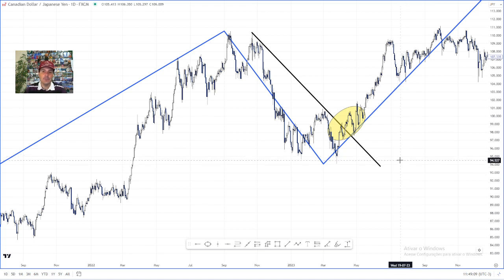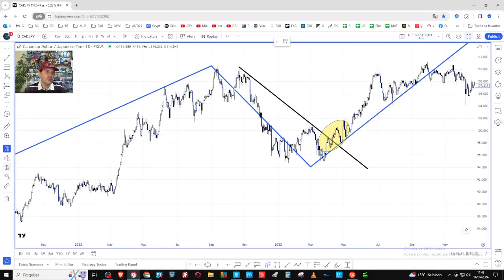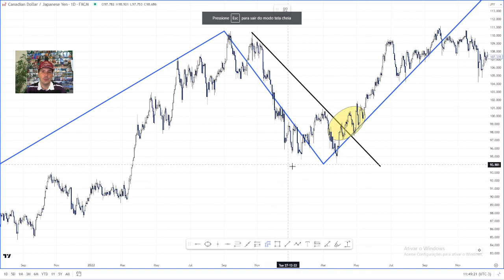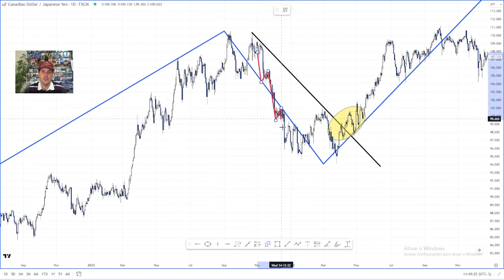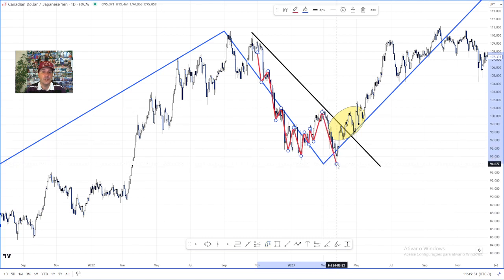And one more time, if you're asking, boss, how do you know? Well, we are monitoring the change in the short-term trend. So low to high, high to low, low to high, high to low, a little bit of consolidation, higher high, false breakout, and then the lower low was this one.